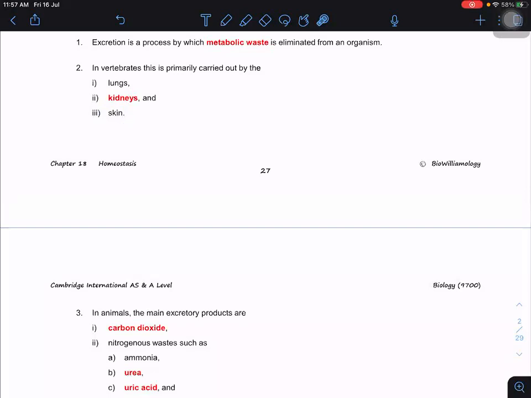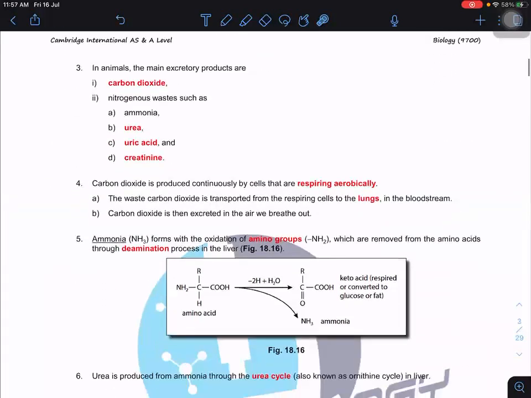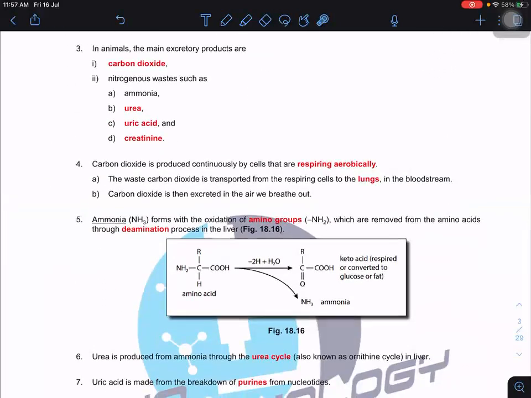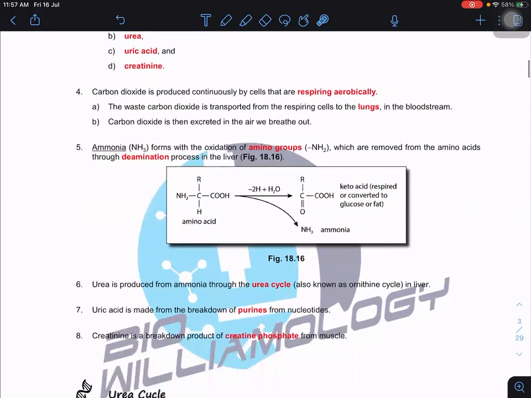So in animals, our main excretory products are carbon dioxide from the lung and also nitrogenous waste, for example ammonia, urea, uric acid, and creatinine. We do know that carbon dioxide is produced continuously by cells that are respiring aerobically.